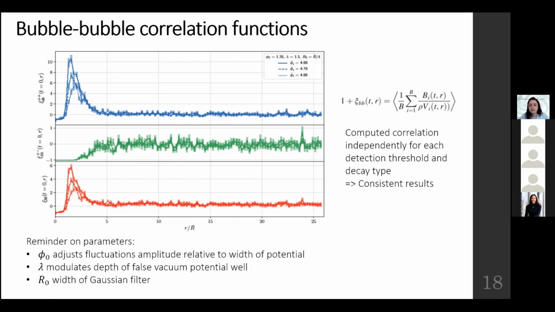We computed the correlation function for, I think it was, 3 combinations of phi naught and lambda. In all cases, we obtained that the 2-point function was amplified in a region that corresponded to a few times the size of the critical bubble.